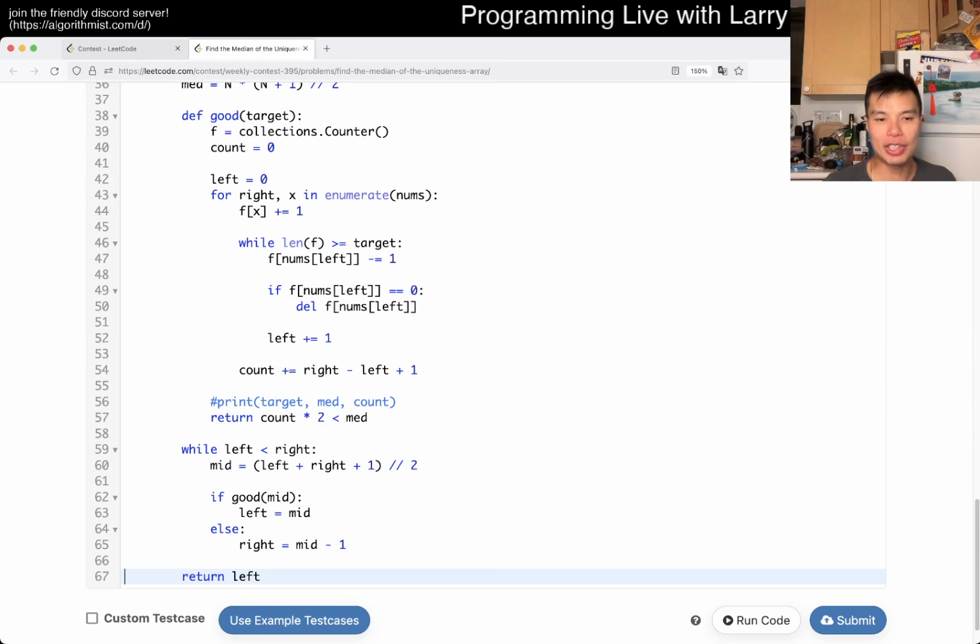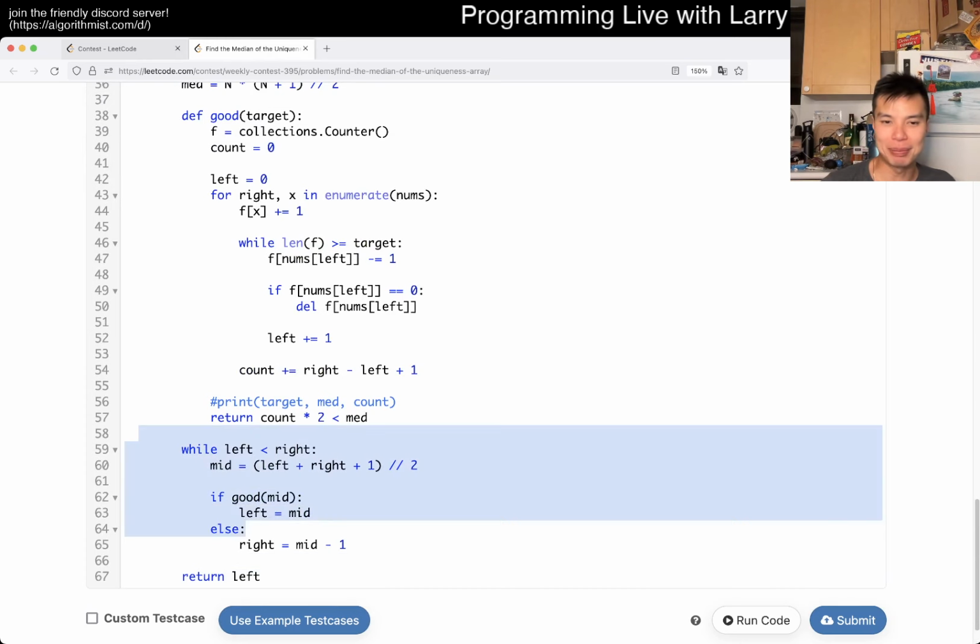So this is the binary search. The good function is not very defined, but you can just pretend the good works.